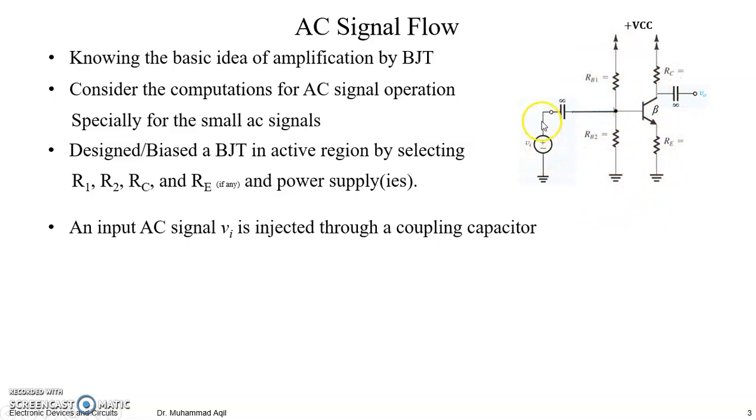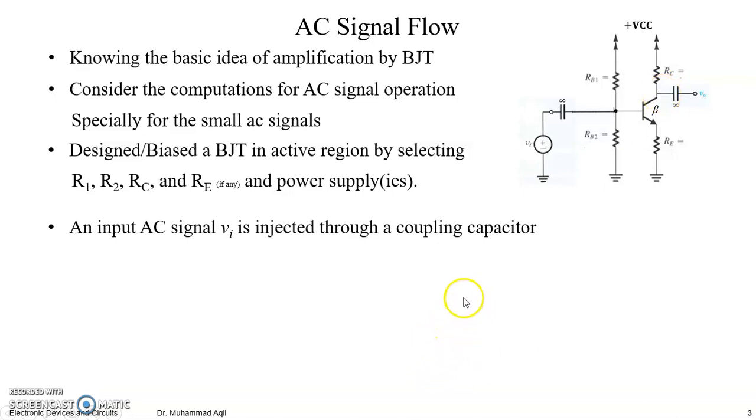So when an input signal is injected through the capacitor, then AC comes here, and a total of DC and AC parameters will be at the transistor to behave as an amplifier. The amplified AC signal will be collected through this capacitor, again to avoid disturbing the DC parameters here, right?